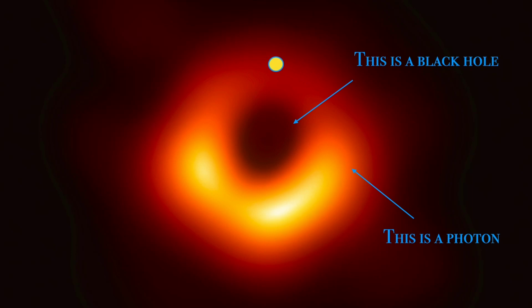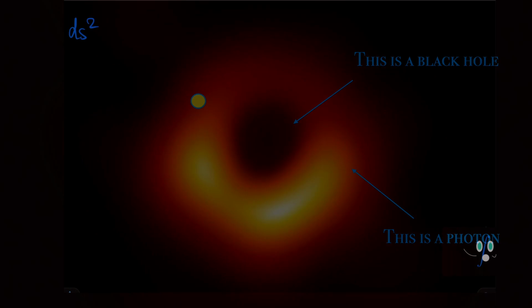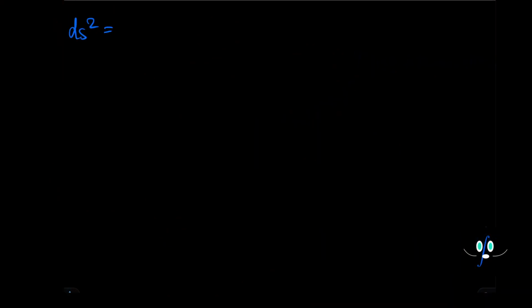Well, black holes, that's the realm of general relativity, so we have to deal with metrics, but it's quite simple. We're going to deal with the Schwarzschild metric. The Schwarzschild metric is given in an infinitesimal form and in spherical coordinates, so we have c squared times 1 minus 2mG divided by c squared r.